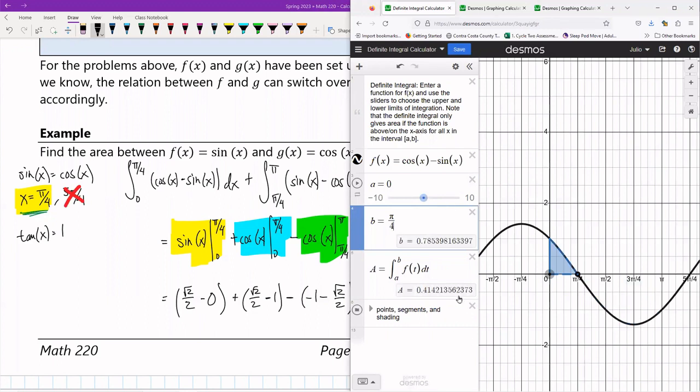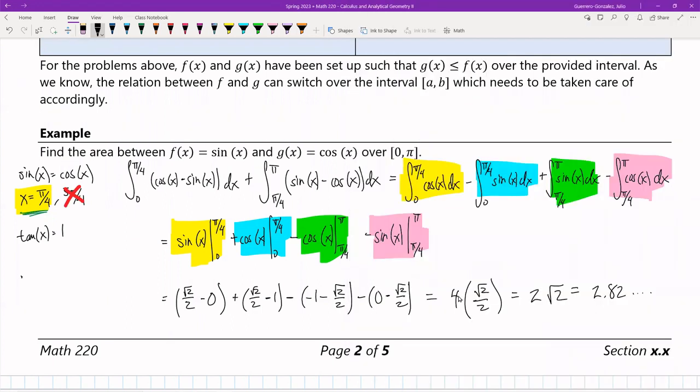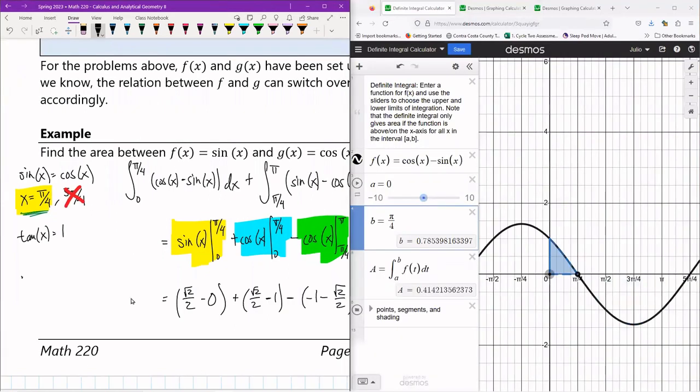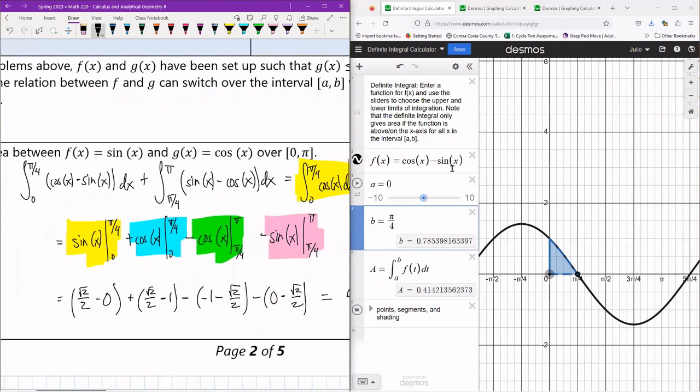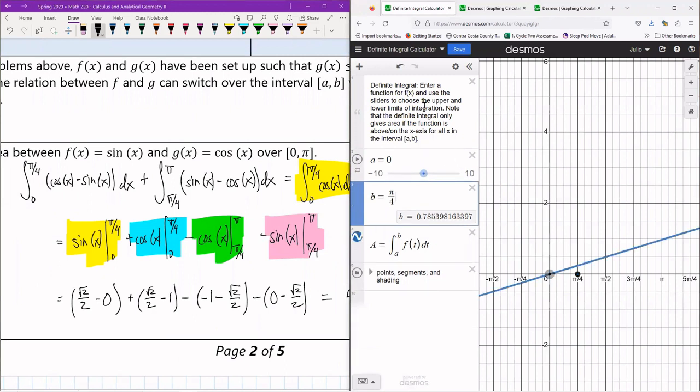And it gives me an answer there. That answer being, let me do a split screen, there we go, 0.4141. Okay, and now I get to do the exact same thing, but now I need to put in the other one.